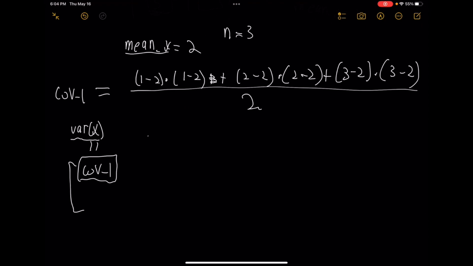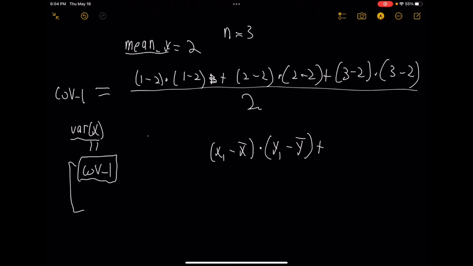And we would take each value, so we'll do it like this. We'll say x1 minus the mean times y1 minus the mean of y.